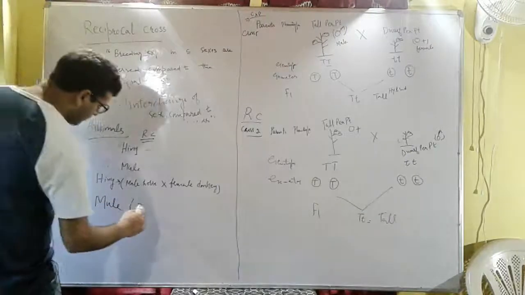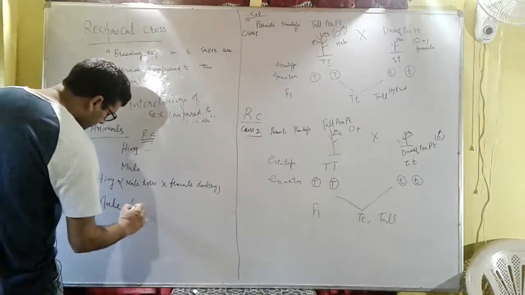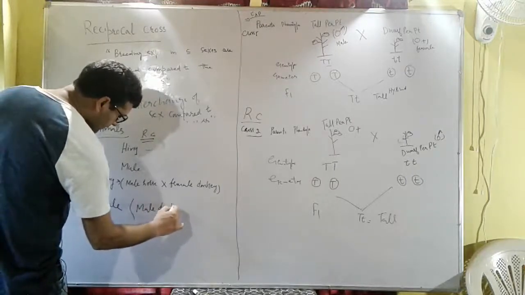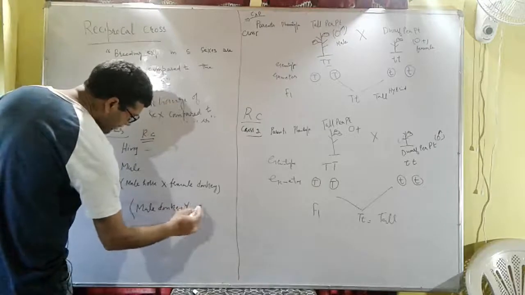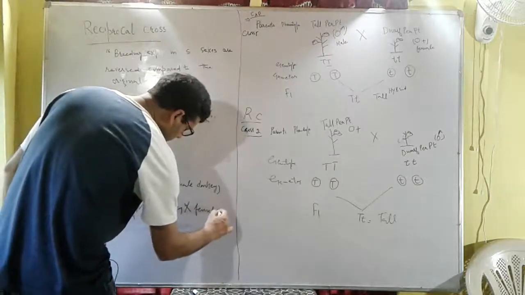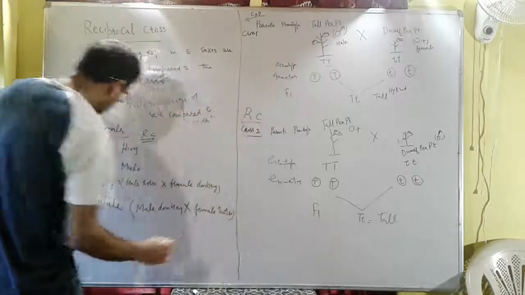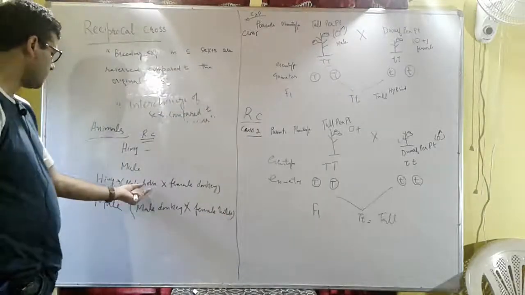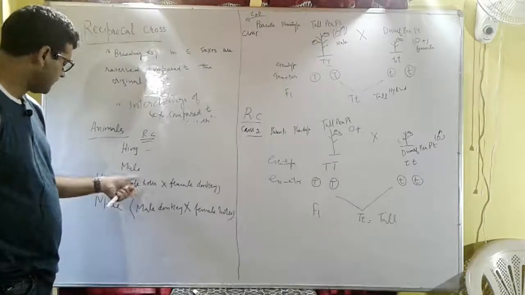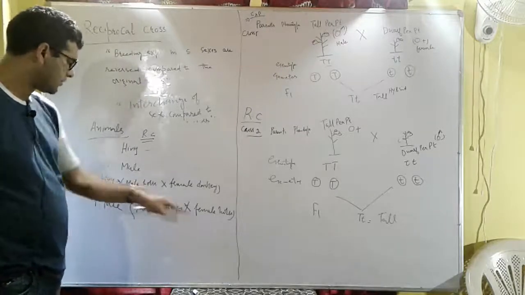is a product of what? A male donkey crossed with a female horse. So here there is an interchange: in the first cross the horse is male, and in the second cross the horse is female.